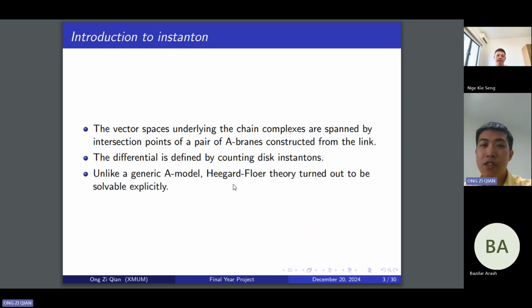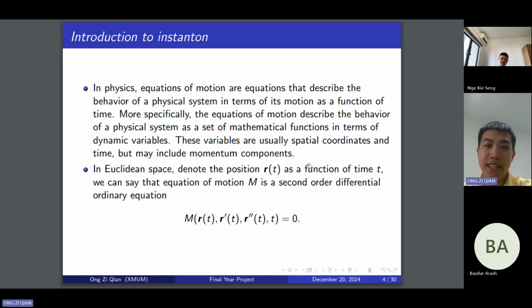So for me, my interest is what an instanton is. Then I started to study the instanton, what happened to it. An instanton actually comes out from physics. It is a solution of the equation of motion.